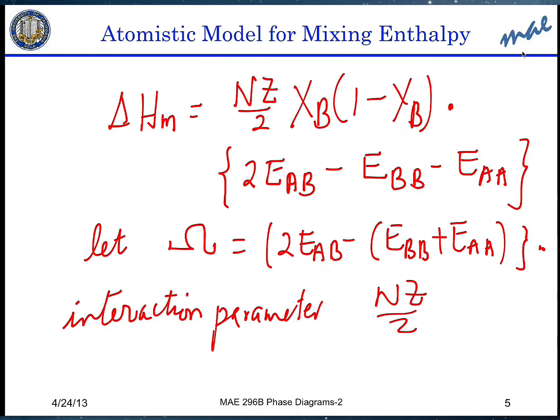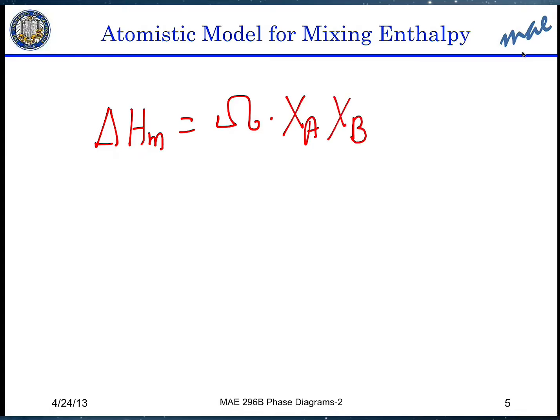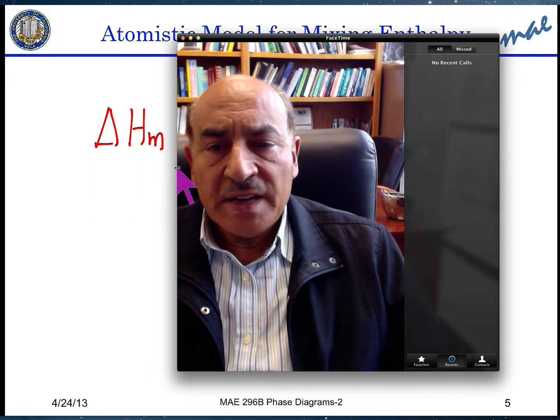So in this case, I can write delta H mixing as simply equal to omega times XA times XB, because XA is 1 minus XB. And therefore, the mixing enthalpy came out to be pretty cool, and it all depends on the value of this interaction parameter.